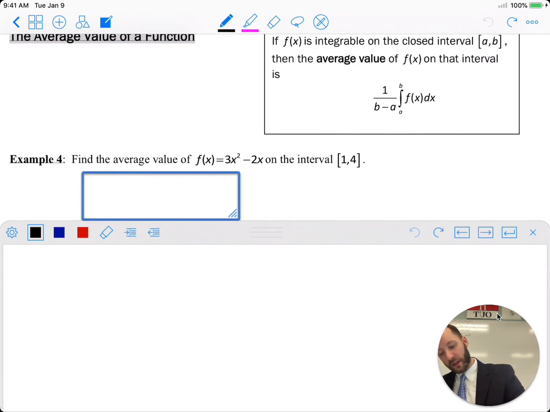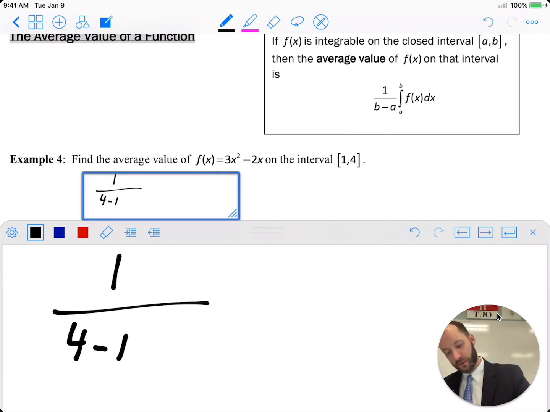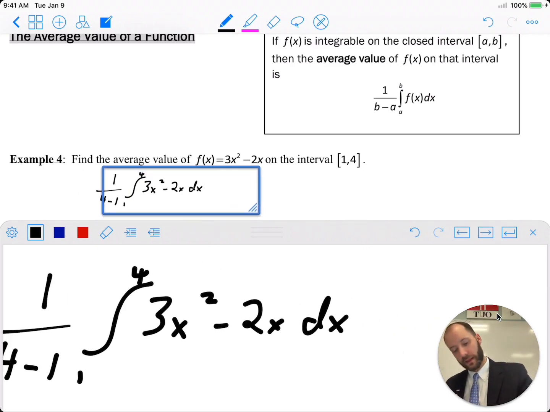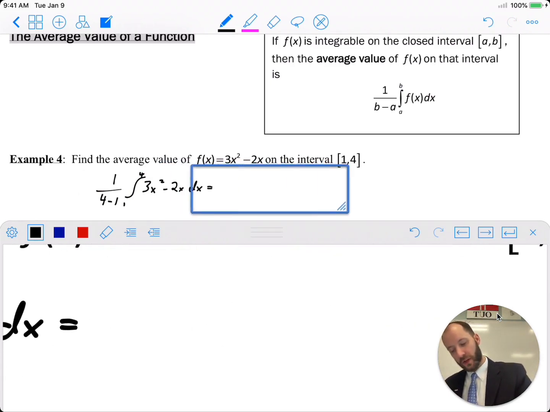So we want our fraction on the front, 1 over 4 minus 1. And then our definite integral from 1 to 4 of 3x squared minus 2x dx. So we have 1 over 4 minus 1, or 1/3.